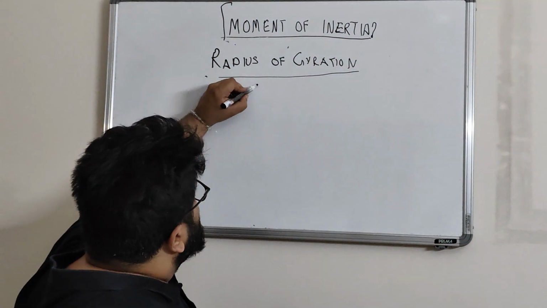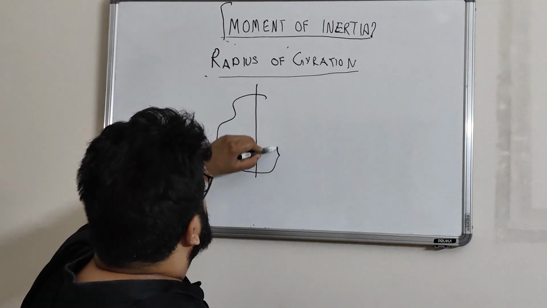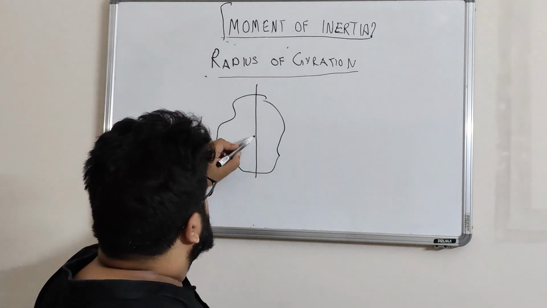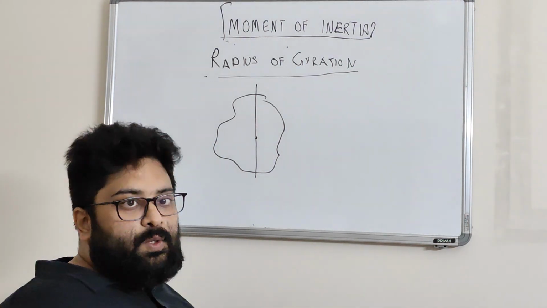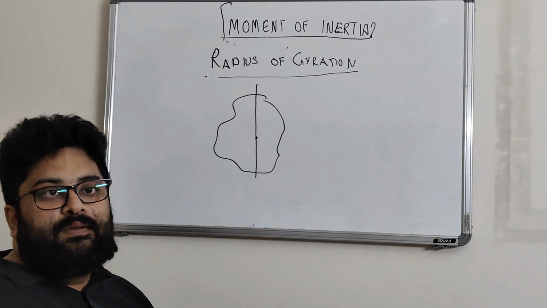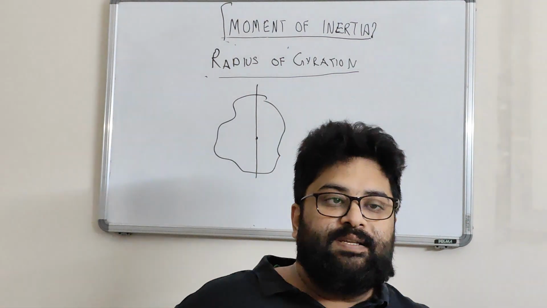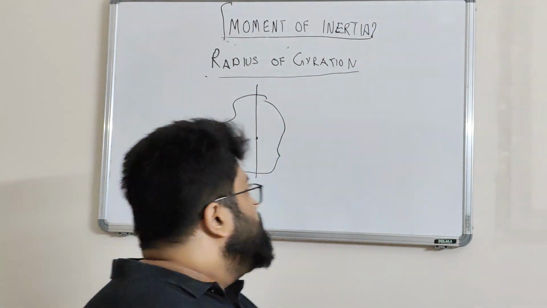So imagine the axis of rotation is right here around this body, and this is the center of mass. We don't need to imagine, but just imagine, because this radius of gyration thing is not necessarily for an axis of rotation passing through the center of mass.